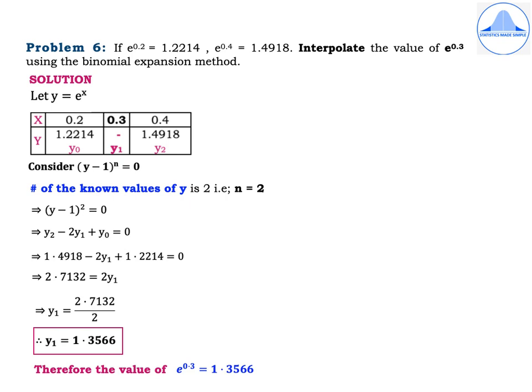Substituting the values of y, we get 1.4918 minus 2y1 plus 1.2214 is equal to 0, which implies 2.7132 is equal to 2y1, or y1 is equal to 2.7132 divided by 2, that is y1 is equal to 1.3566. Therefore, the value of e to the power 0.3 is equal to 1.3566.